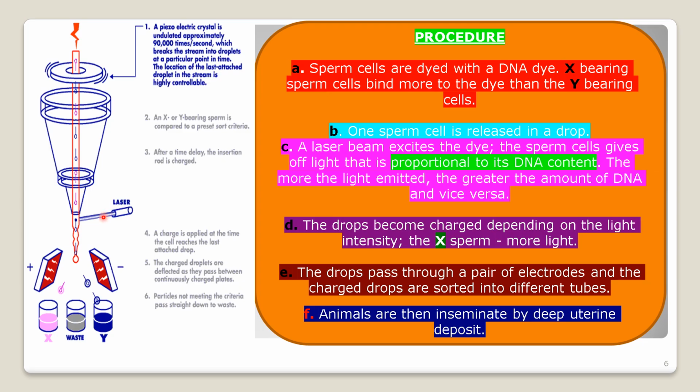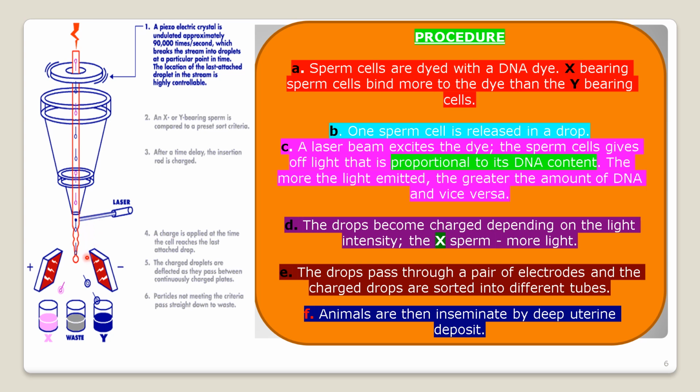The sperm cells then give off light that is proportional to the DNA content. The more light emitted, the greater the amount of DNA in the sperm cell, and vice versa. The drops become charged at this point depending on the light intensity. The X sperm cell emits more light.